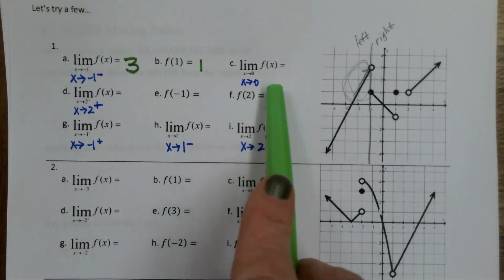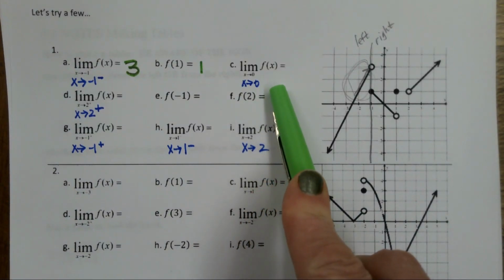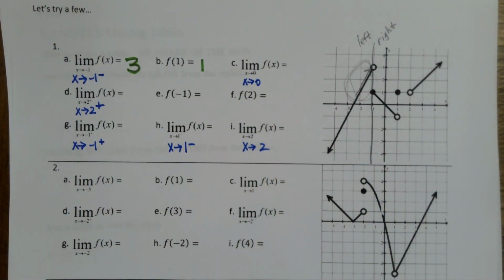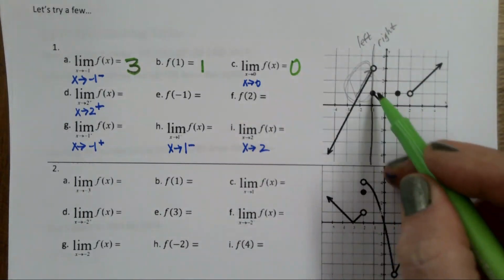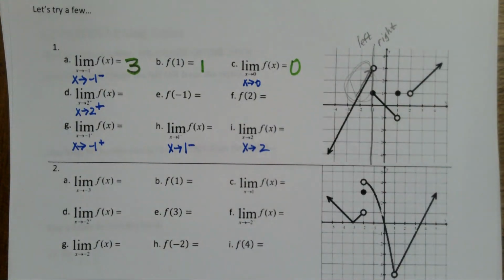How about the limit as x approaches 0? It's 0. Yep. I don't have to worry too much about it. There's no issue. The limit and the value are the same at 0 because that function is just a continuous line at 0. There's no breaks, no holes, no nothing. It just cuts right through 0. The limit and the value are the same.